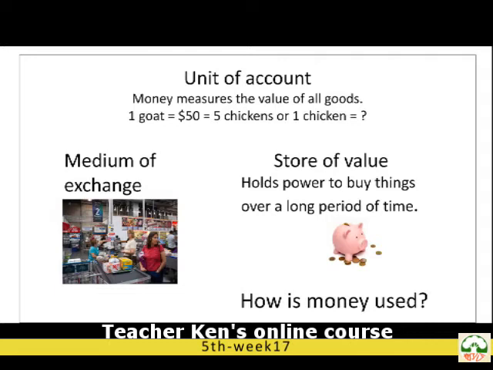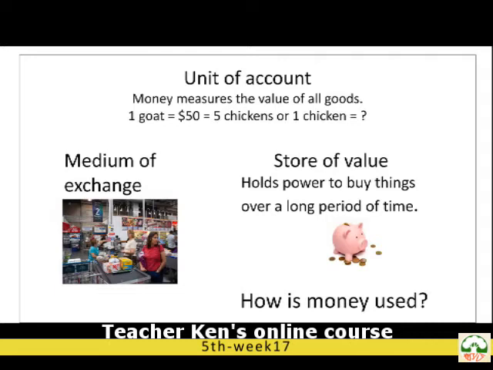The next term that they describe here is a medium of exchange. And you see a picture of a grocery store, and everybody's buying different items. So that means each item has its own financial value. Each item is worth some number of dollars. All right?